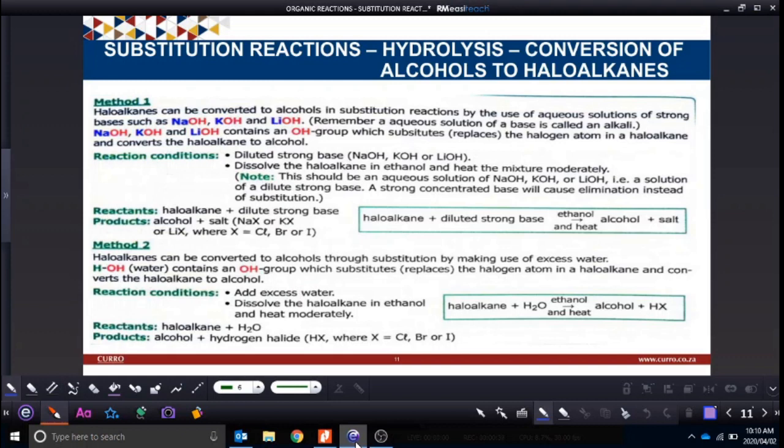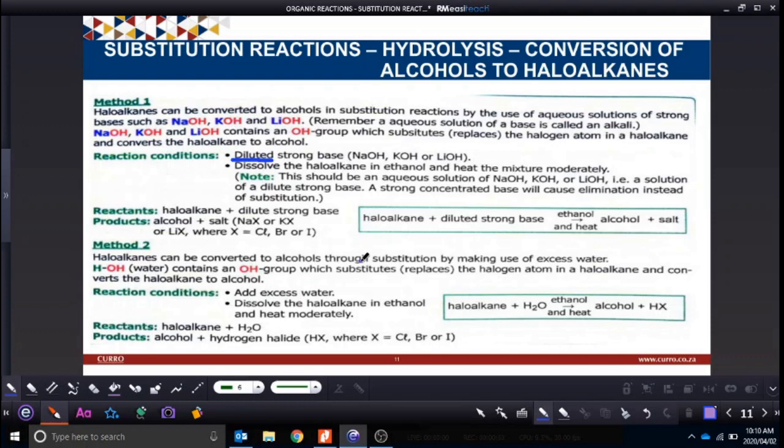The NaOH, the KOH and the LiOH will have an OH substitute, and it converts the haloalkane to the alcohol. Very important, this is a diluted strong base, so in other words, it's in an aqueous solution.